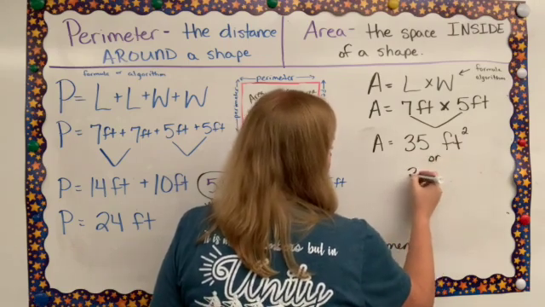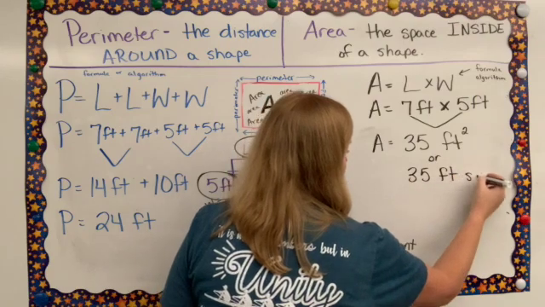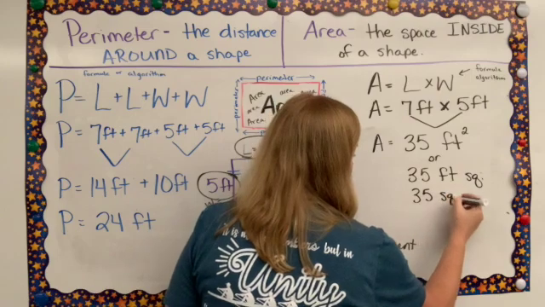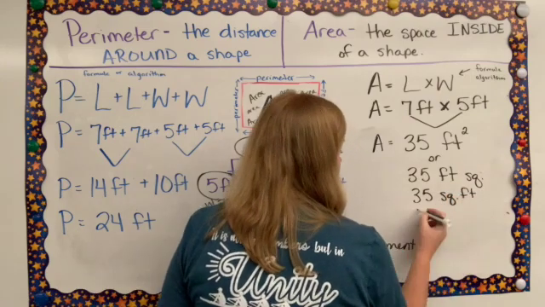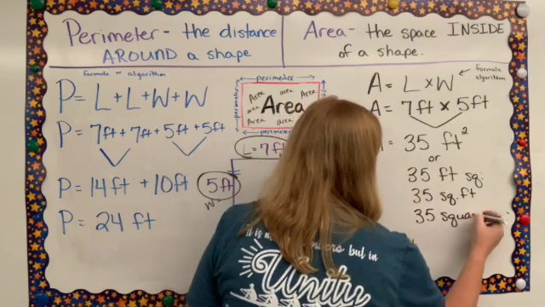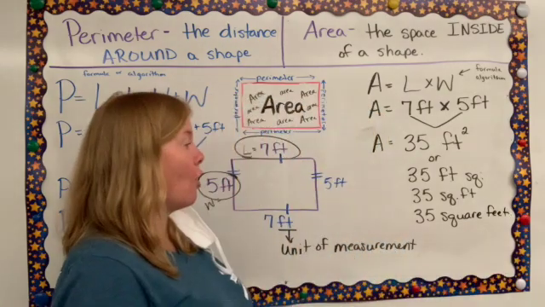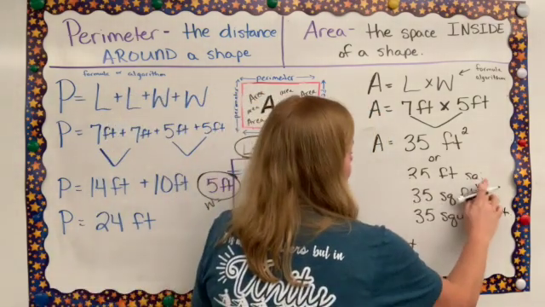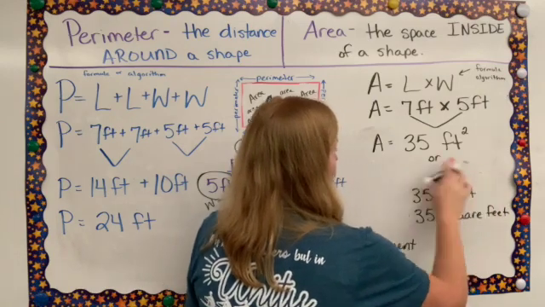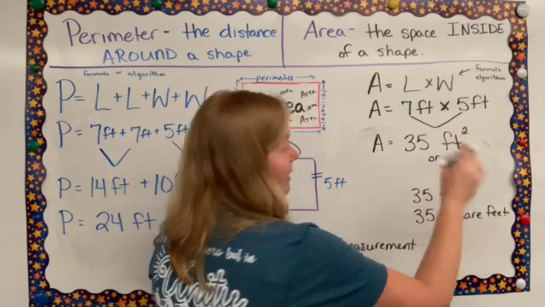You can do 35 feet square or 35 square feet, or you can write it completely out. 35 square feet. We accept it all ways. Technically, this is not a correct way, so I'm actually going to get rid of that. So 35 feet square, 35 square feet, or 35 square feet.